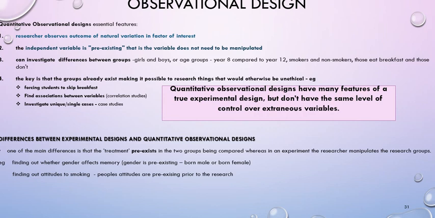So, if I want you to remember one problem for the observational design, is that observational designs, exactly because they have groups that are pre-existing, are subject to participants' characteristics problems.